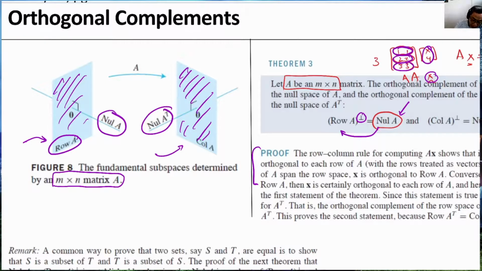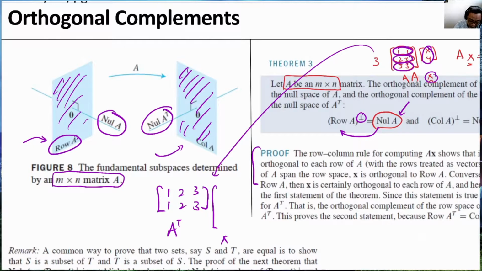Why is this so? Use the same example now. We perform A transpose. We get 1, 1, 2, 2, 3, 3. And now the x vector, if this is A transpose, the x vector, now let's call this x1, x2, and x3.